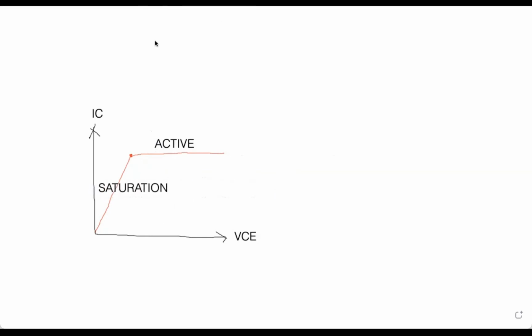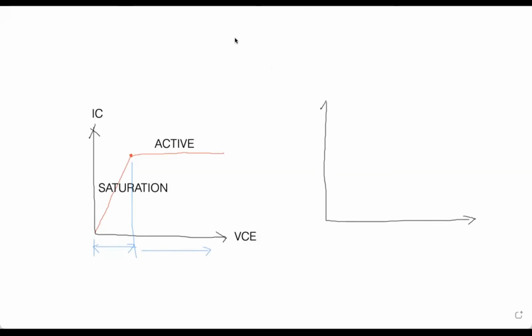So again, from this point up to this point, that is referred to as the saturation region for the bipolar transistor. And from this point onwards, that is what we call the active operating region. Now for the MOS transistor, here is the output characteristic curve.